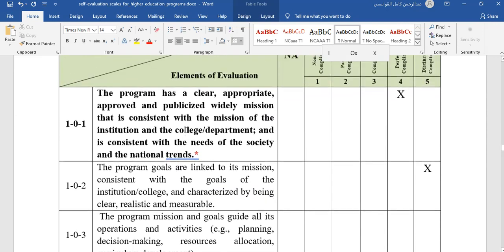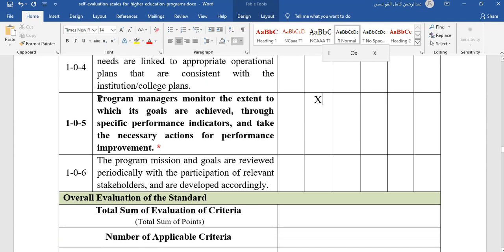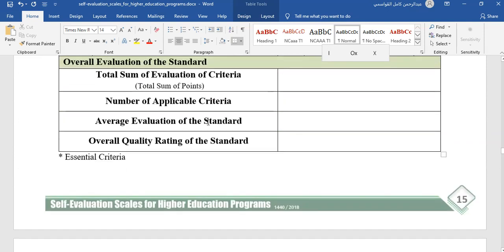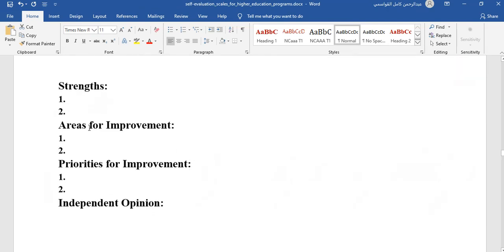Maybe the others are also important, but the ones in bold font should be filled. So these are essential criteria, marked with a star. So write your areas for improvement. Priorities for improvement means you need urgent actions or recommendations.